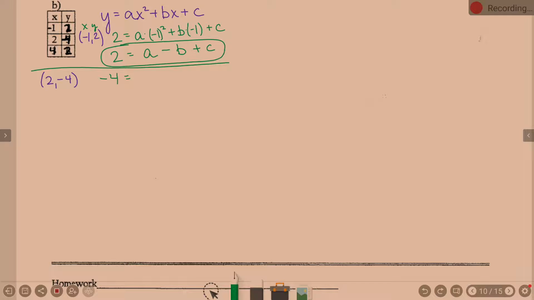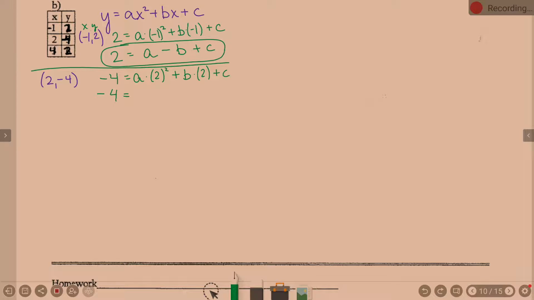So a times 2 squared. It's a times x squared plus b times x, so plus b times 2 plus c. Clean it up again.